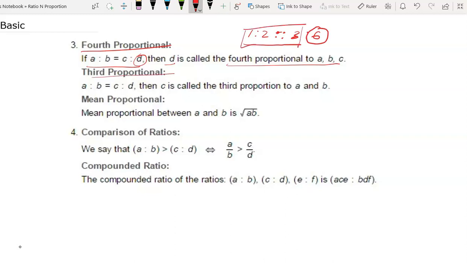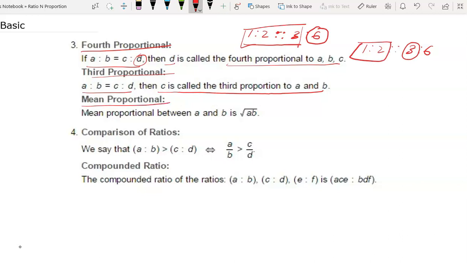Third proportional. A is to B is equal to C is to D, then C is called the third proportional to A and B. So if we take the same example, 1 is to 2 is equal to 3 is to 6, so 3 will be the third proportional to 1 is to 2.